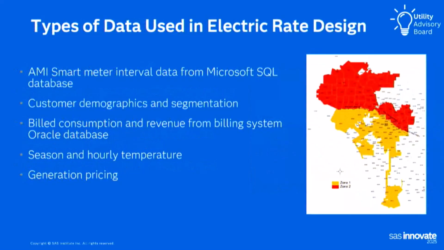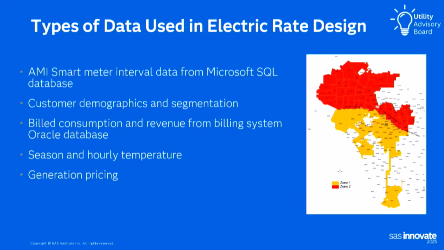To support this, we rely on a wide range of data sources. We pull AMI smart meter interval data from a Microsoft SQL database, giving us detailed insights into how and when customers use electricity, and I'll talk about that more in a future slide.